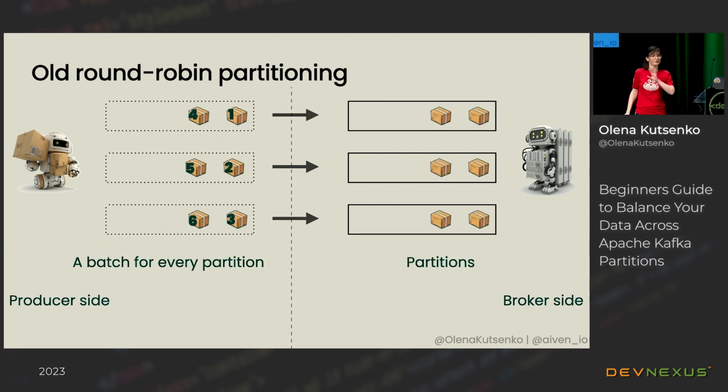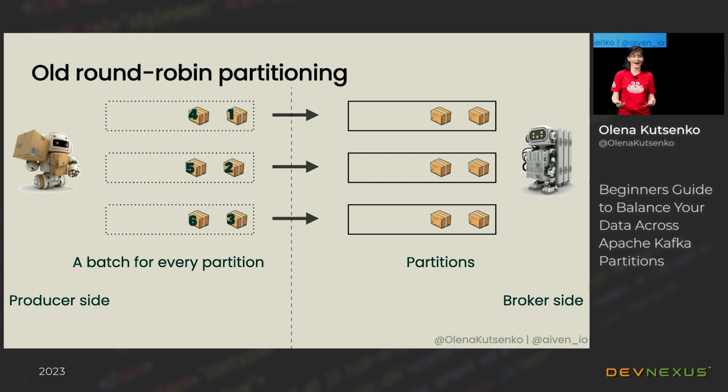What if you didn't provide the number explicitly and neither do you have a key? In this case, we rely on the built-in mechanism of data distribution for Apache Kafka. And in the old days, we were using round-robin partitioning. Round-robin was iterating over partitions and spreading the items one by one to achieve an even data distribution.